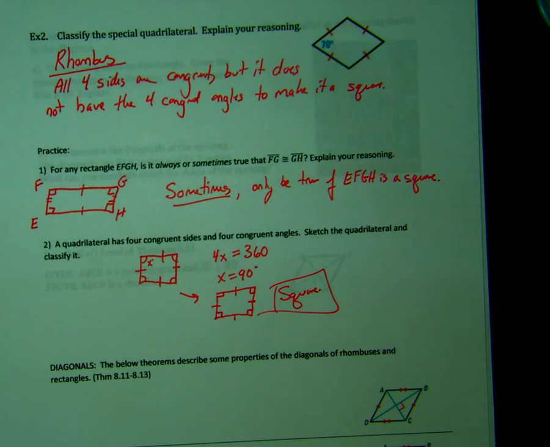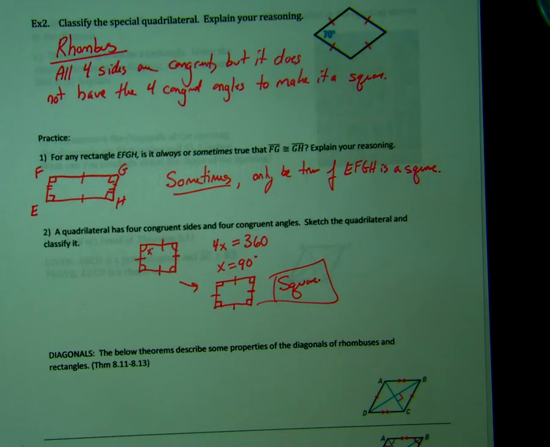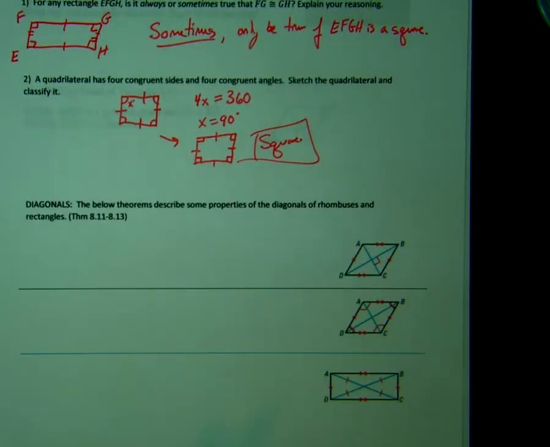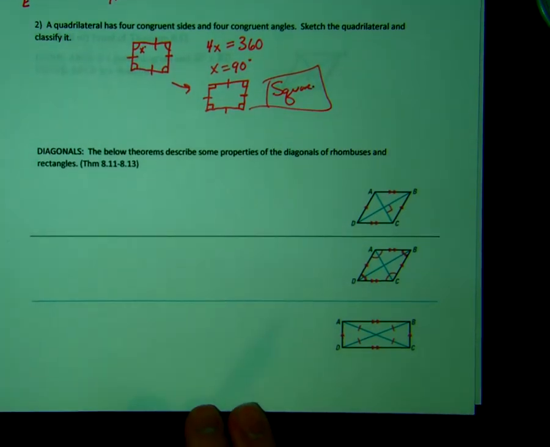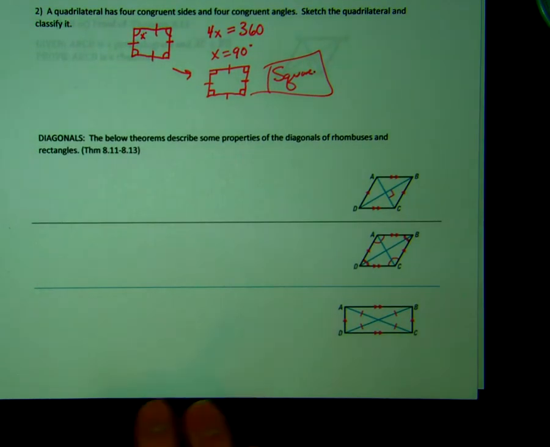Okay, so that's all the pretty basic stuff. This starts to get challenging right about here, because the properties of the diagonals are always the properties that trip people up a little bit, okay? So what do we already know? We know that the diagonals of a parallelogram bisect each other, okay?